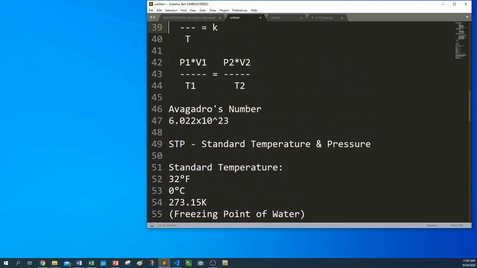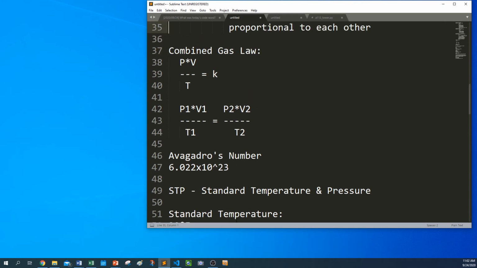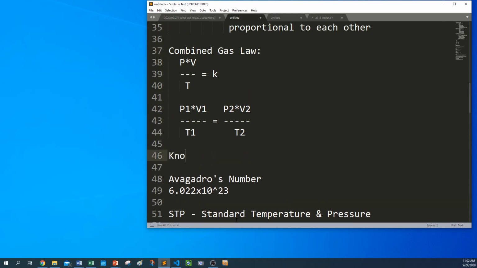Going back up here to these gas laws, I would like to add, know what they mean.